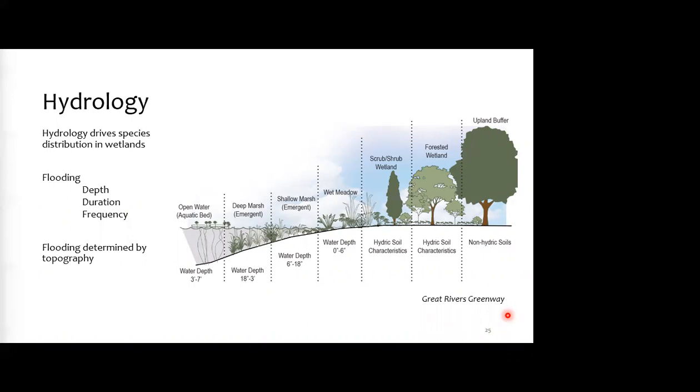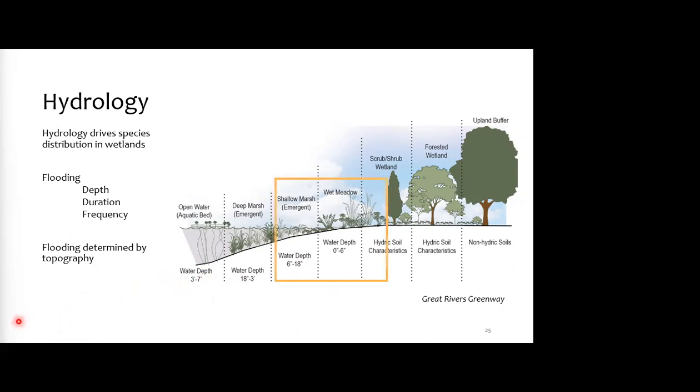And hydrology is also mediated by topography. So at higher marsh elevations, it'll be drier, just experience less flooding, and then at lower elevations, experience more flooding. And this drives these important differences in different types of communities.